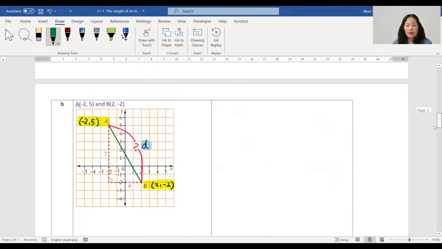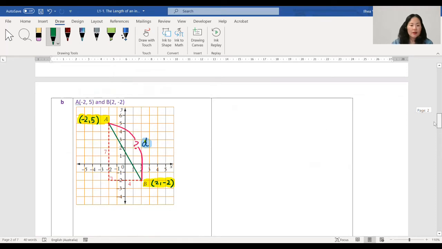Part B is exactly the same. Now, the first step will be plotting those 2 points on the number plane and then joining those 2 points together to make an interval, the line with the 2 endpoints. If I move that triangle out, it'll look like that: that's my D, that's my B, that's my A. This is the part that I just re-sketched.